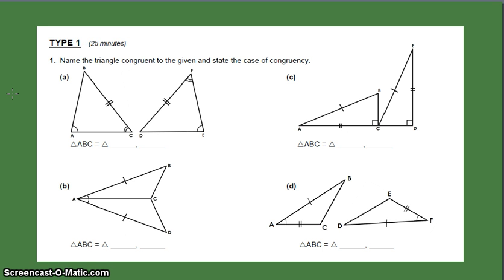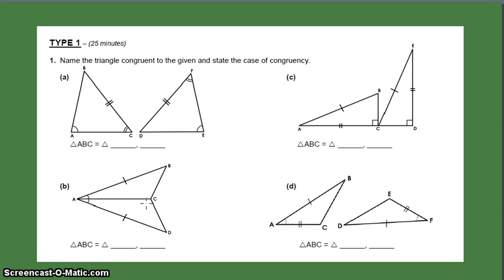In letter B, we have a triangle ABC, and we want to find a triangle that is congruent to triangle ABC. When you look at it, you have an idea that the possible congruent triangle should be ADC.